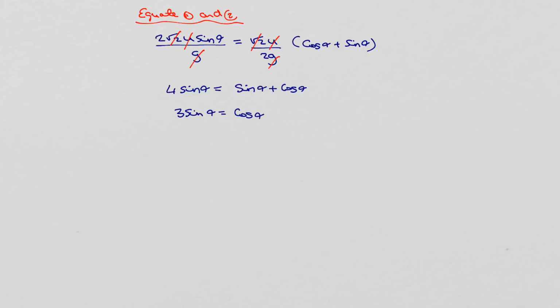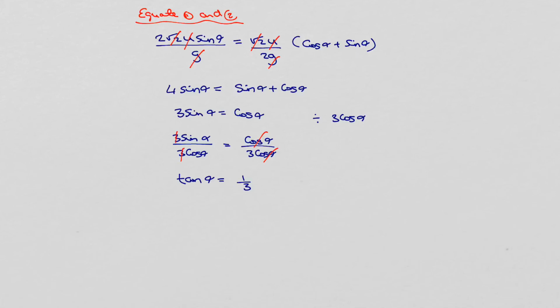And if I divide both sides across by 3 cos alpha, well, that gives me 3 sine alpha over 3 cos alpha is equal to cos alpha over 3 cos alpha. So 3 is gone, cos alpha is gone, and sine over cos is tan. So we have tan alpha equals a third.